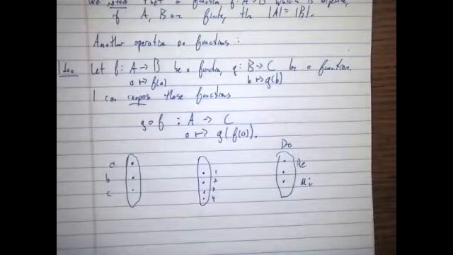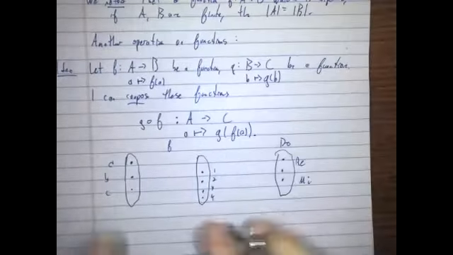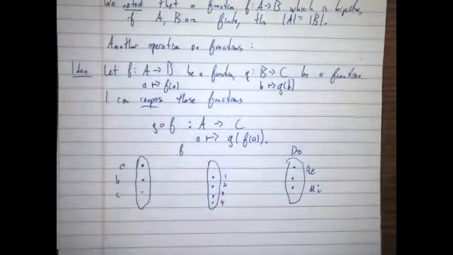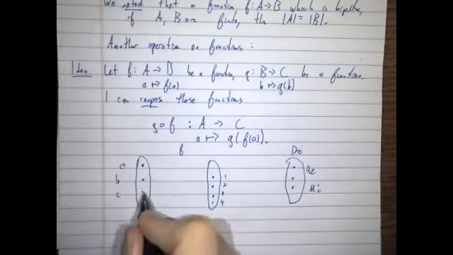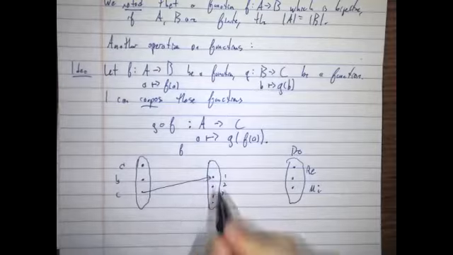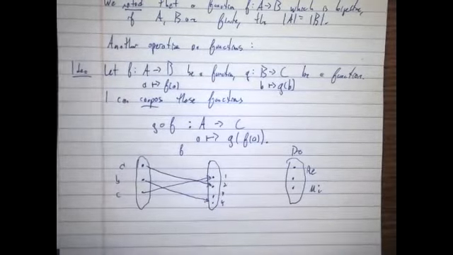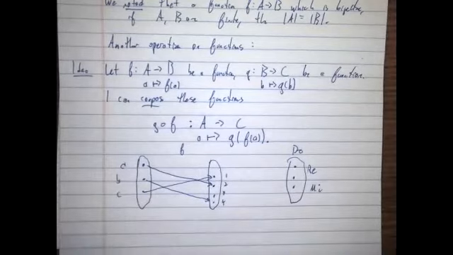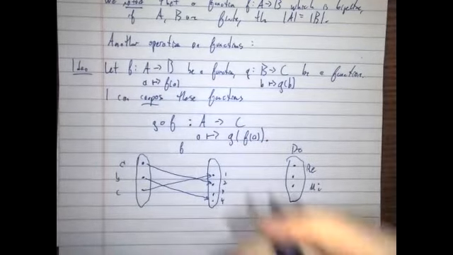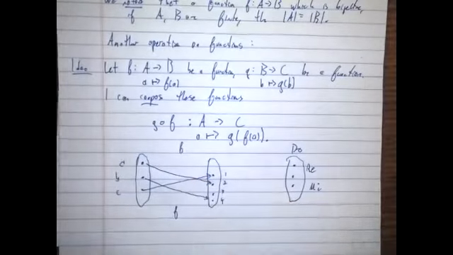And then f is the data. When I'm thinking of these finite sets, I can think of a function as just a collection of arrows, essentially. So I'm going to send C to 1, B to 4, and A to 2. That's a function, and I can call this the function f.